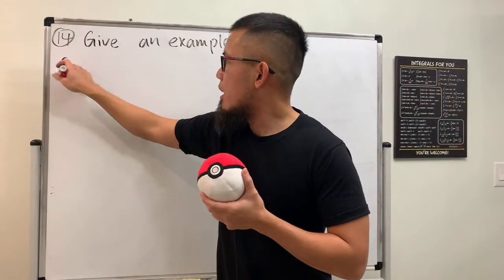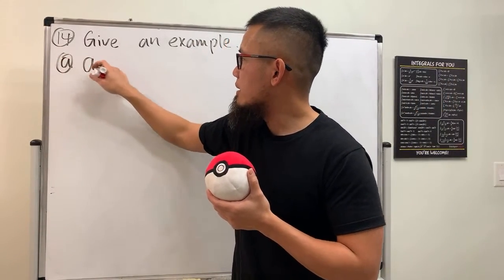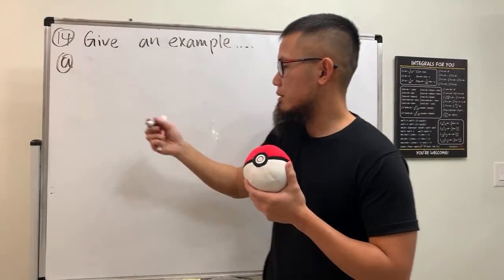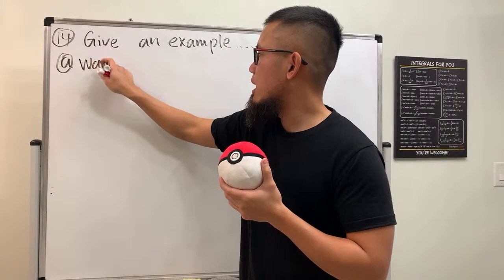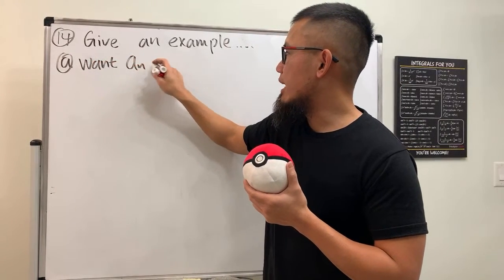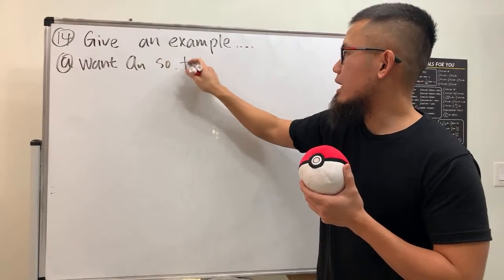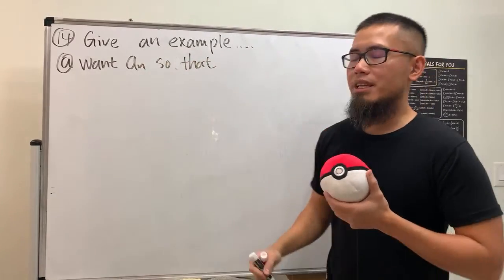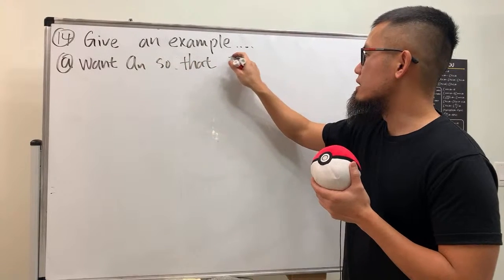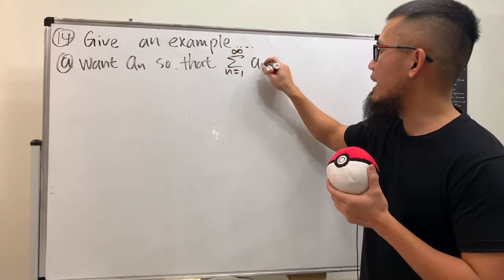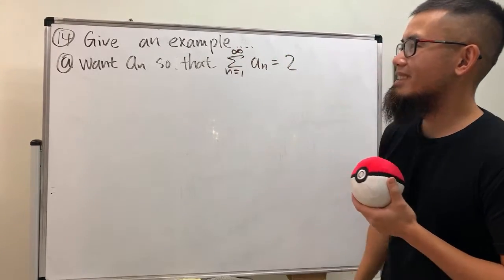Well, part A, we want a sequence an so that the series as n goes from 1 to infinity of an is equal to 2.